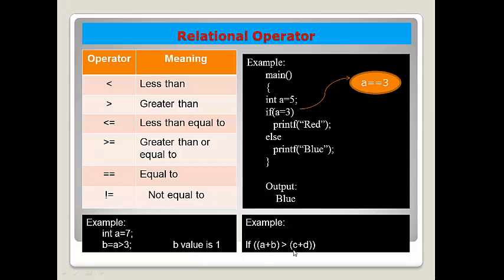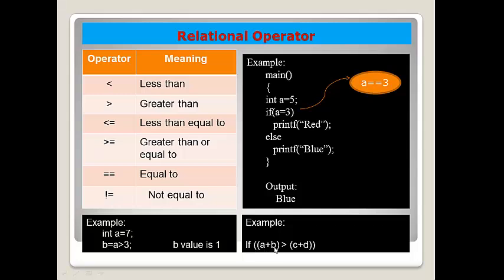If a plus b greater than c plus d: the relational operator is applicable to arithmetic expressions also. So a relational operator relates operands or expressions. In this case we use two expressions. a plus b is one arithmetic expression, c plus d is one arithmetic expression, and we put greater than. The total expression is called a relational expression.